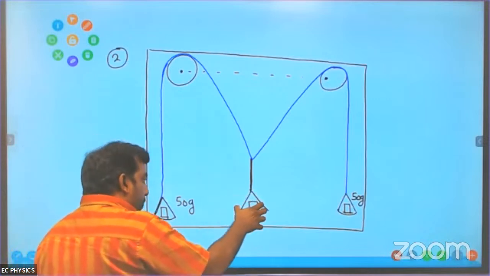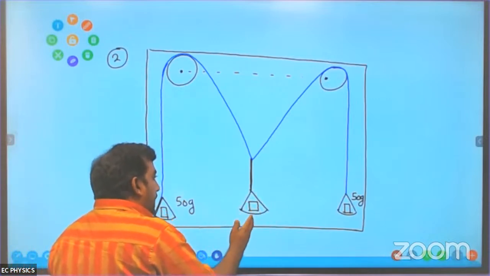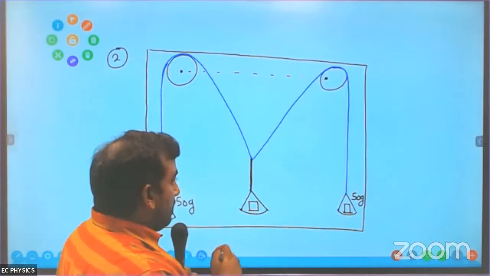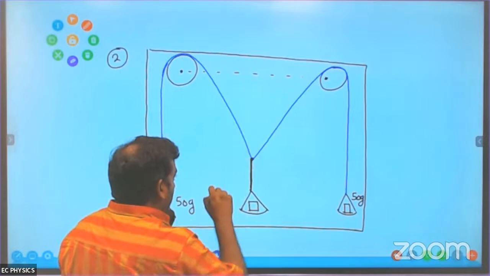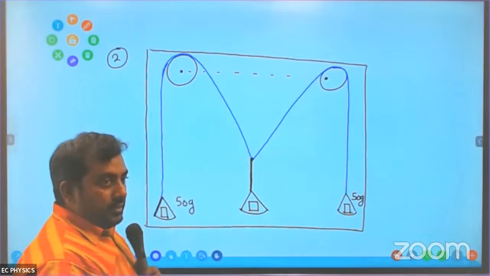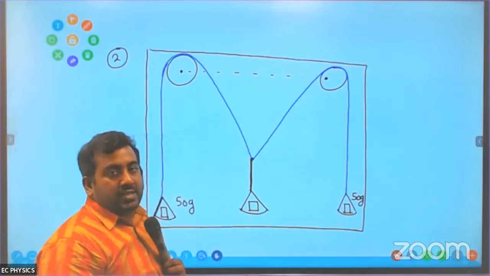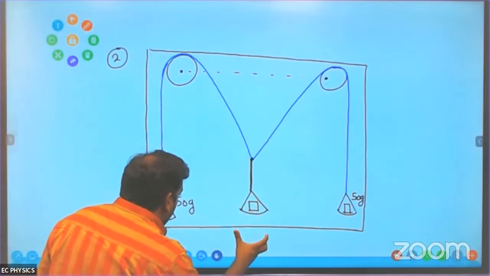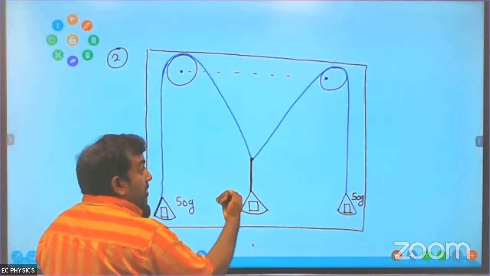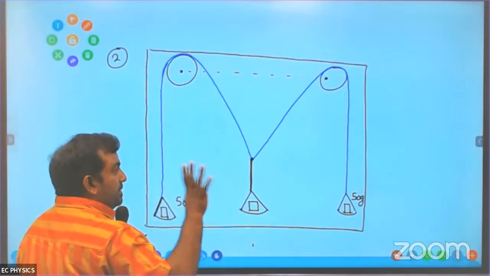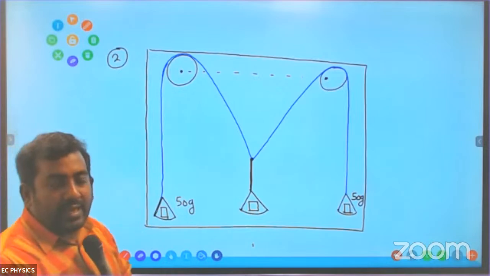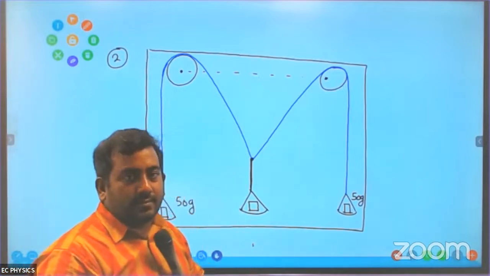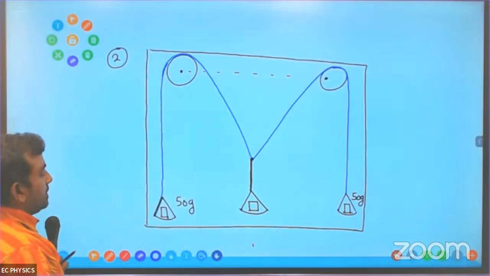If it goes back again to the original position, that means there is no friction in the pulleys. But if it does not go back to the original position, that means there is friction in the pulleys. Normally, majority of the time, there will be friction in the pulleys.